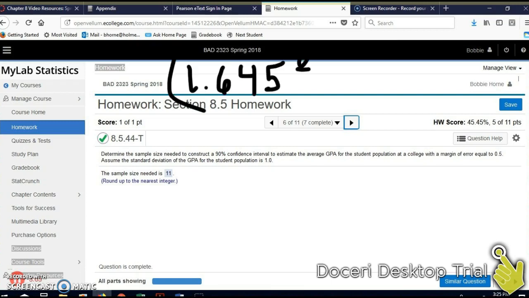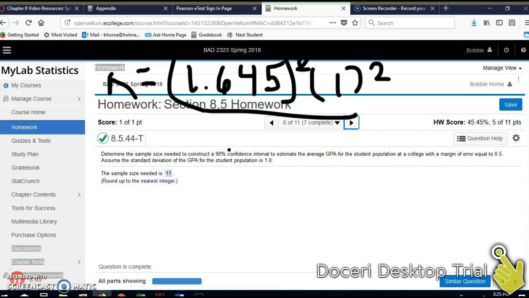So 1.645 squared, the proportion, actually we're not using proportion here, we're using the standard deviation. This other formula for n is the z value squared times the standard deviation squared divided by the margin of error squared, which is 0.5 squared. If you work that out, you will get 11. It will round up to 11 for the sample size.